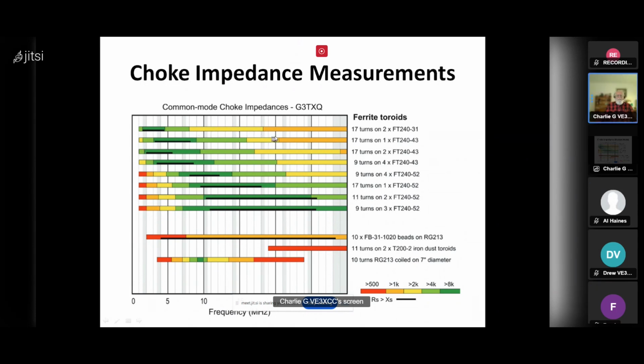In fact, the only ones that start to give us issues is the FT240-52 material, which starts to cause some issues down here in the 160 meter range. So if you stick with the 43 material, you're going to be in great shape, no matter how many turns you choose to put on this thing.